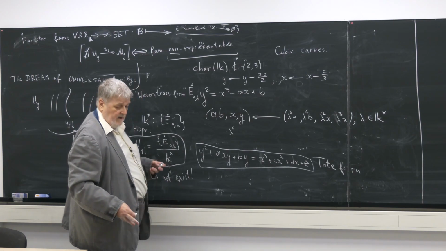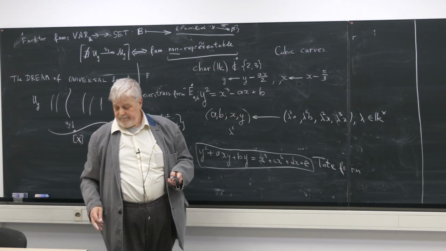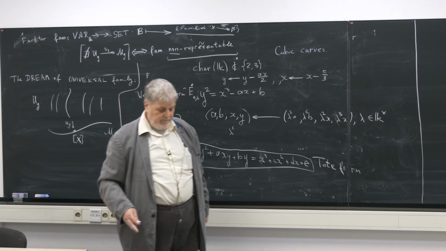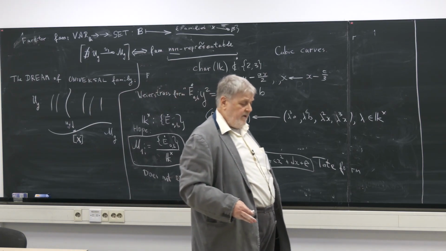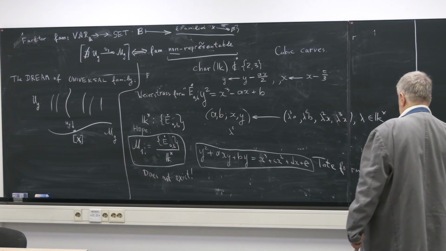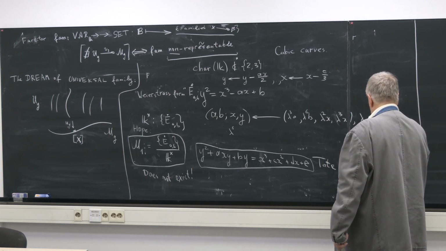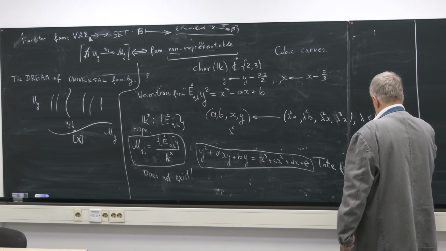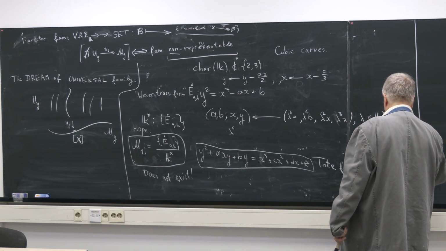So it can happen that there is a very nice algebraic family. Here it is the AB plane.